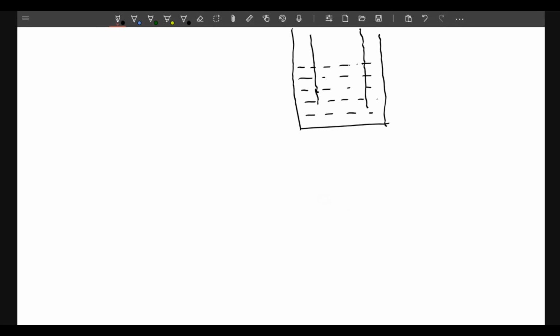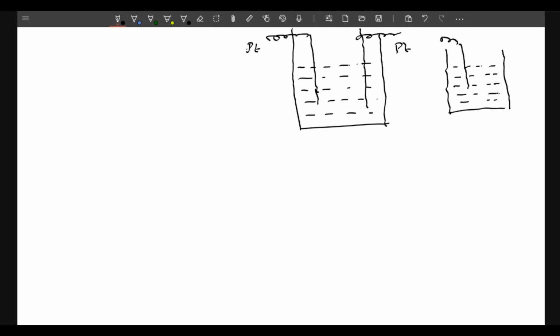If you use the inert electrode platinum, the problem is one type of problem. On the other hand, if you use an active electrode on the anode side, we have already said, anode active electrode means ions are released from this electrode.